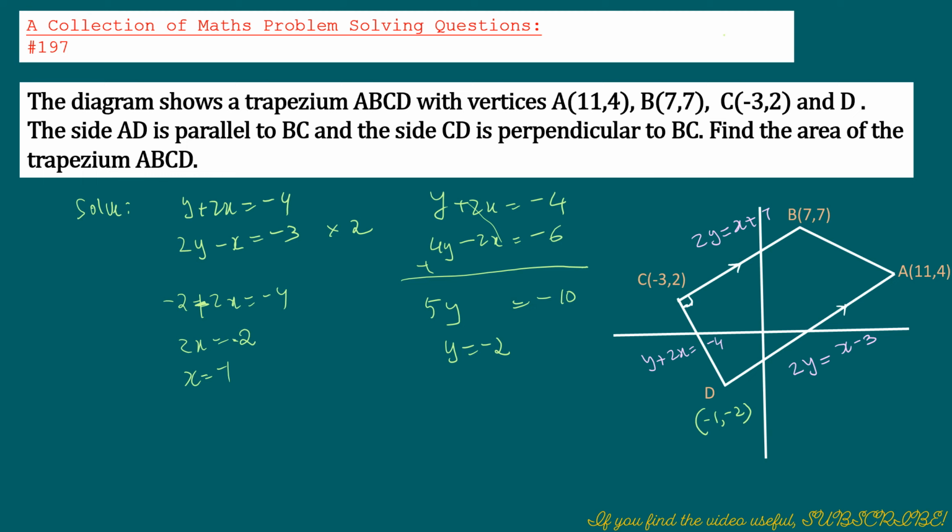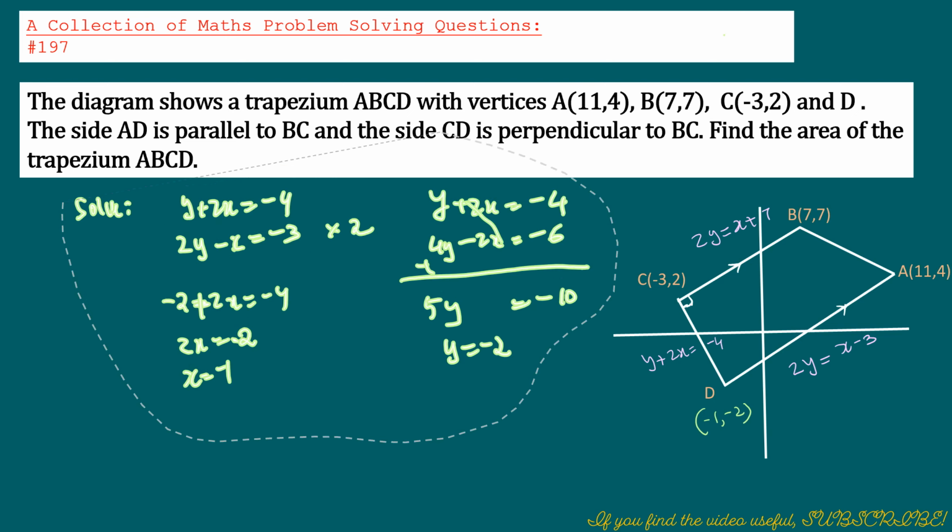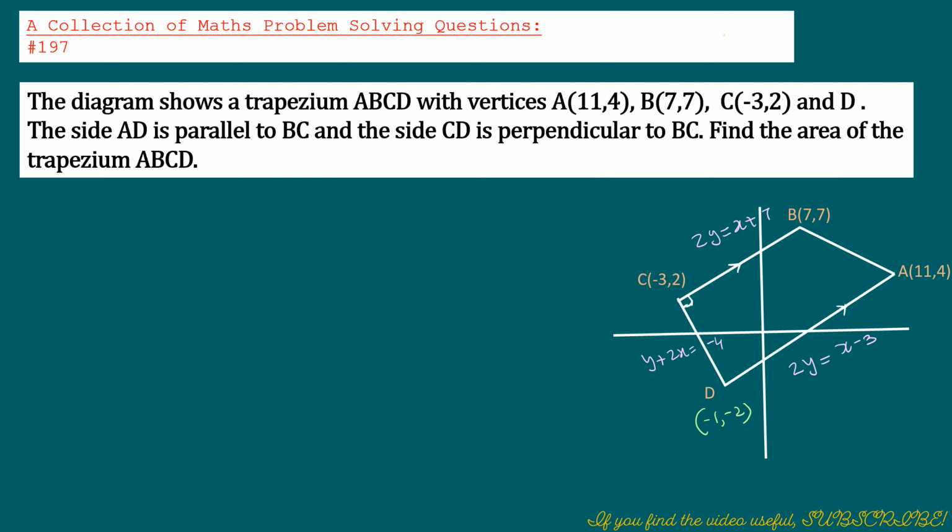So once we have the coordinates all sorted, we have to work out the distances.